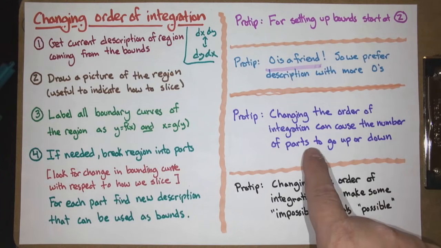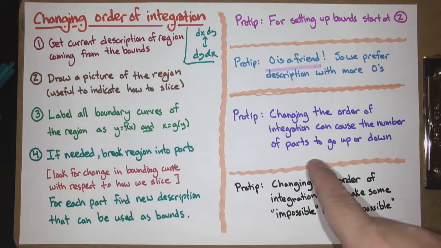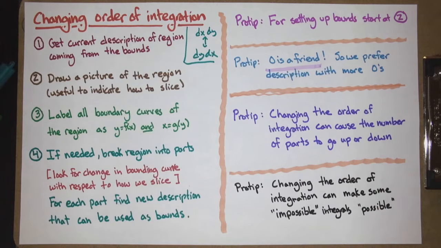Be careful. Changing the order of integration might cause the number of parts to go up. It can also cause the number of parts to go down. When I say the number of parts, maybe you started with one integral and now you have to do two integrals. Or vice versa: maybe you're starting with two integrals, now you have to do one. And this last part probably is not a big surprise. If you change the order of integration, it can make some impossible integrals possible.